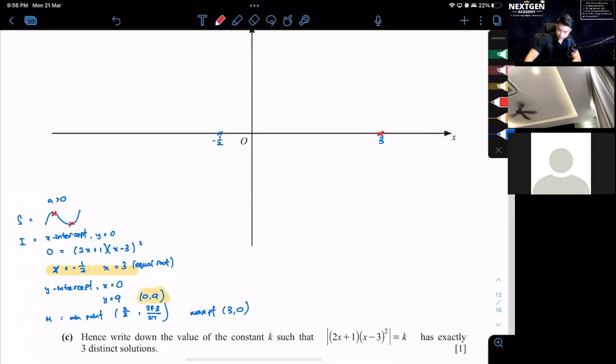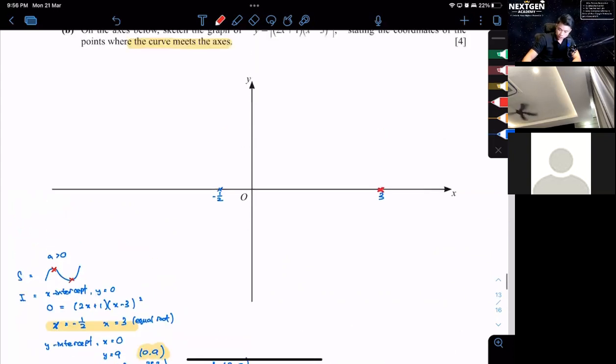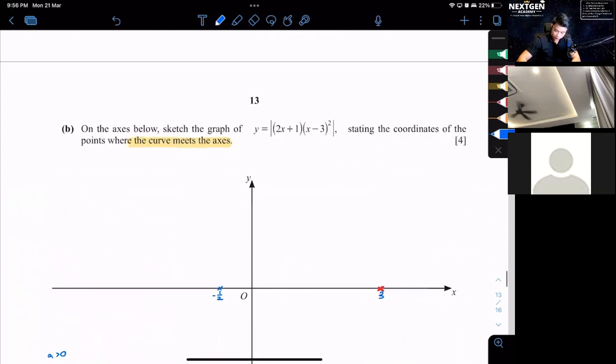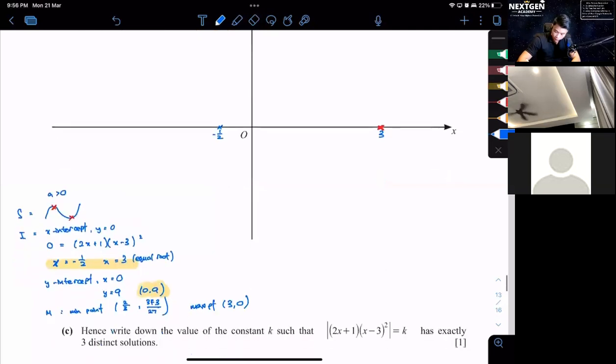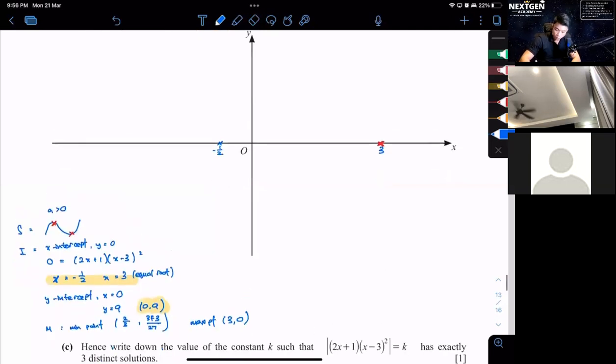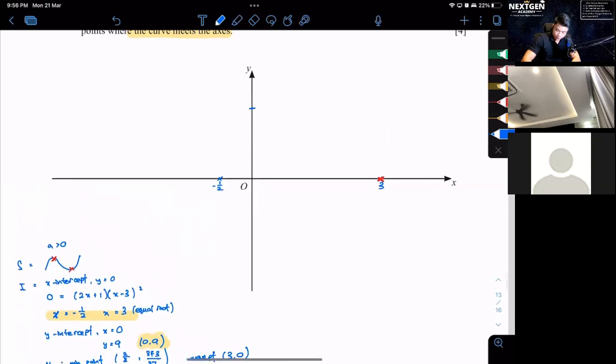So that means it touches here. And then we have to apply the modulus, right? Wait, one more thing. Our y-intercept, so 9. So I have it over here.